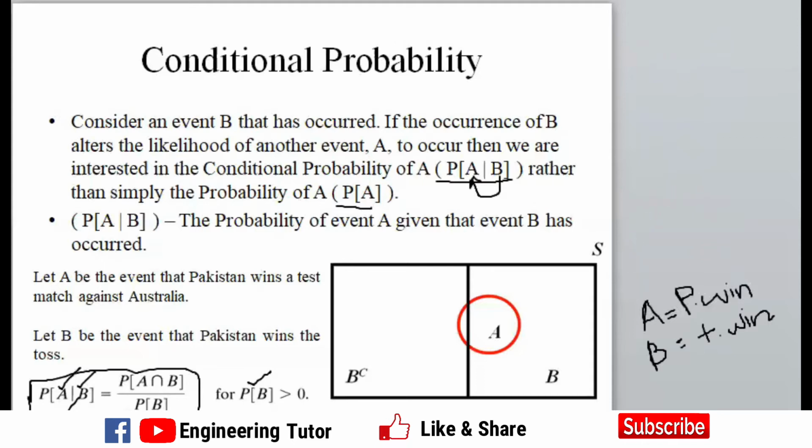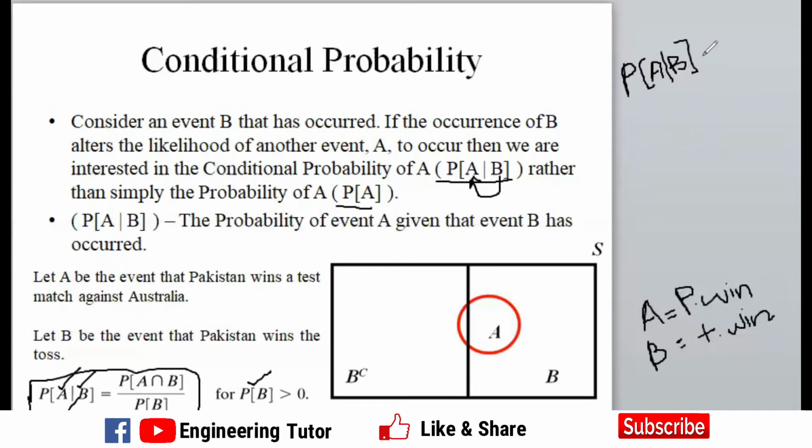Okay, it will be written like probability of A such that B has already occurred. Pakistan has won the toss. So what is the probability that Pakistan will win this test match?